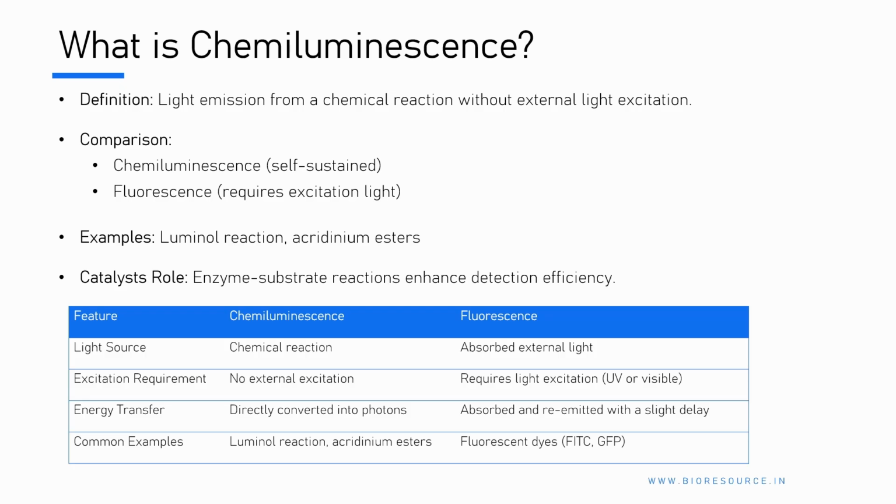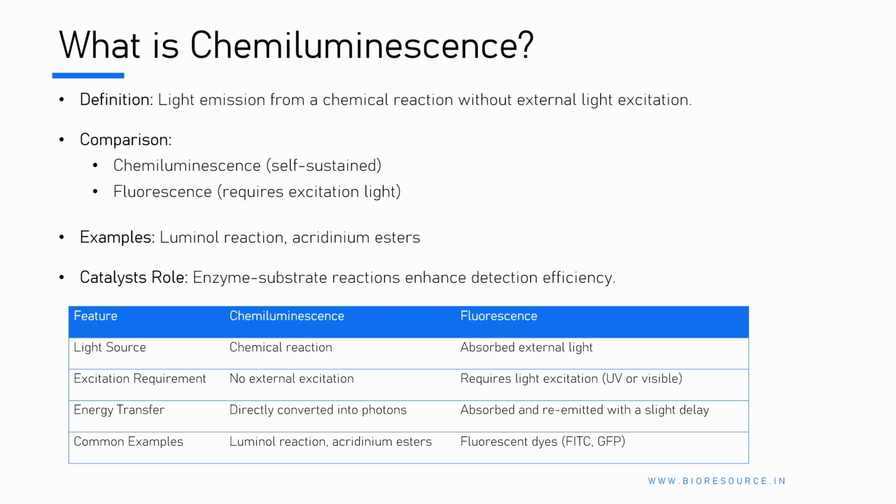The second one is the acridinium ester based chemiluminescence. The acridinium esters react with alkaline hydrogen peroxide to generate light. It is common in automated CLIA platforms due to high sensitivity and stability. Next is the enzyme-based chemiluminescence, which involves the HRP and ALP systems. HRP, the horseradish peroxidase, catalyzes the oxidation of luminol in the presence of hydrogen peroxide, leading to photon emission.